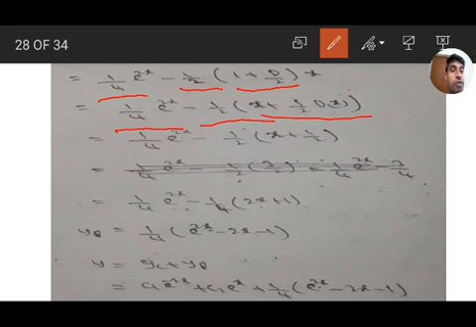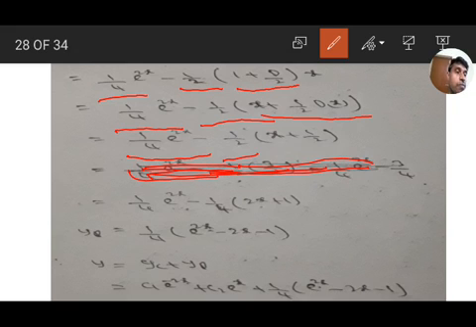The derivative of x is 1, so we get 1 by 4 e to the power of 2x minus 1 by 2 x plus 1 by 2. 2 is the LCM, so we get 1 by 4 e to the power of 2x minus 1 by 2 into 2x plus 1. So 1 by 4 is outside totally: 1 by 4 into e to the power of 2x minus 2x minus 1.